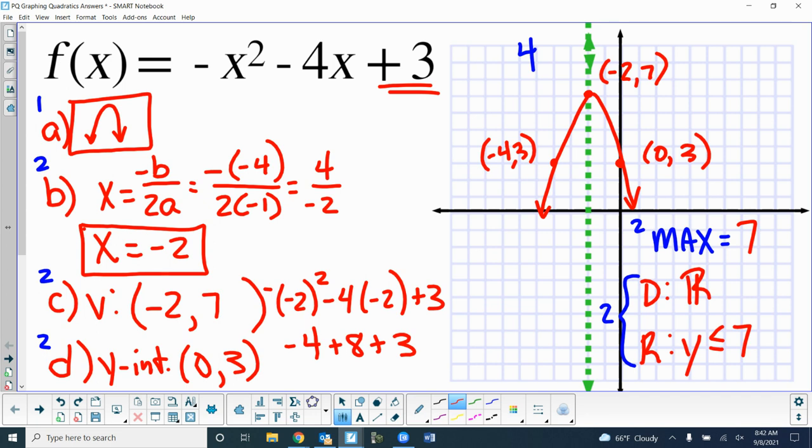Wolf, you okay? All right. Get that right? Got everything that was supposed to be there? What's the max equal? 7. Yeah. So make sure you write that. Okay? No questions. Good. You guys are so smart.